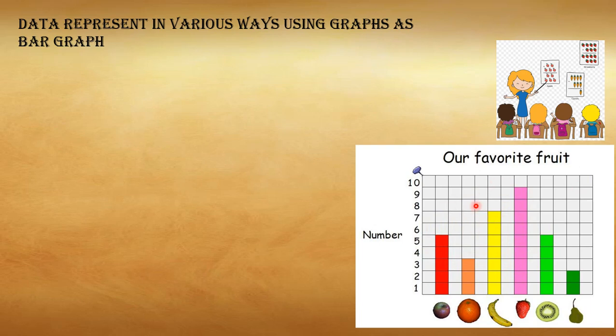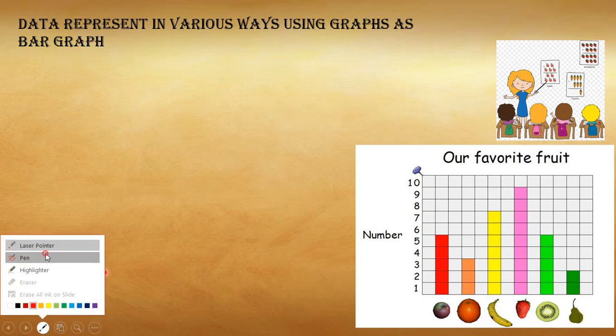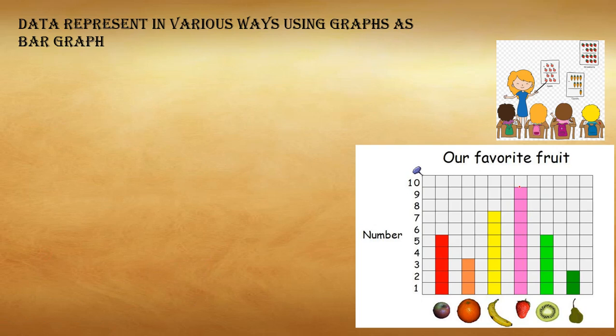This form is known as the bar graph, where by observing these bars we can easily understand that the most liked fruit here is the strawberry, which is liked by 9 students, and the least liked we can also get from this, the banana, liked by 7 students.